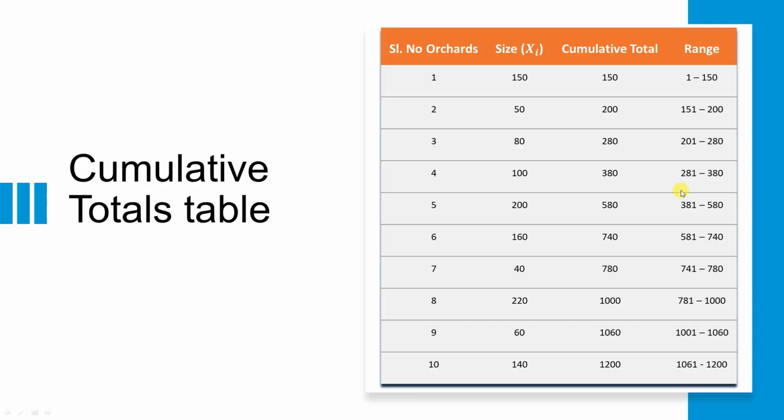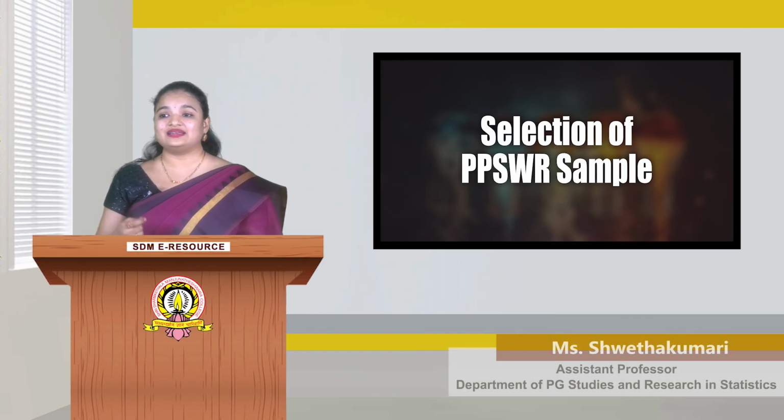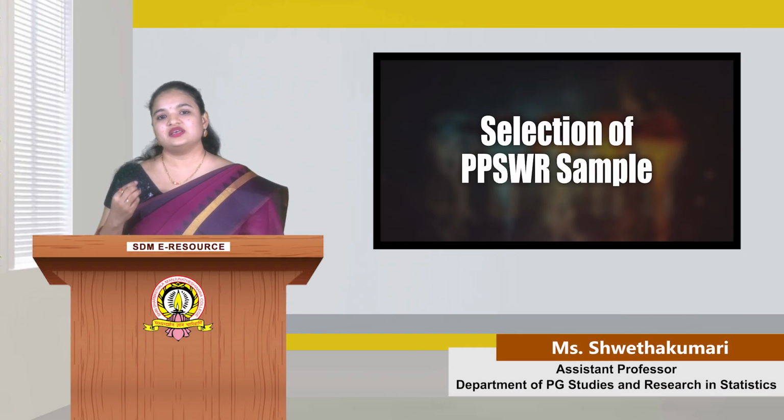We look at which range 710 belongs to. Here 581 to 740, in this range 710 belongs. So we have selected the 6th orchard as our sample unit. Likewise we repeat the same process until we get the desired sample size.